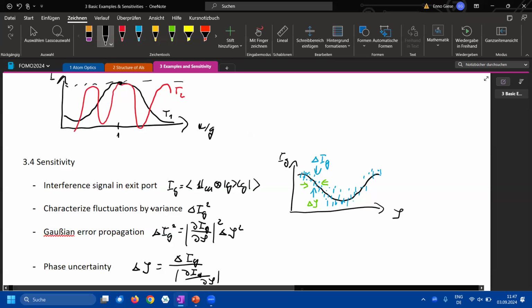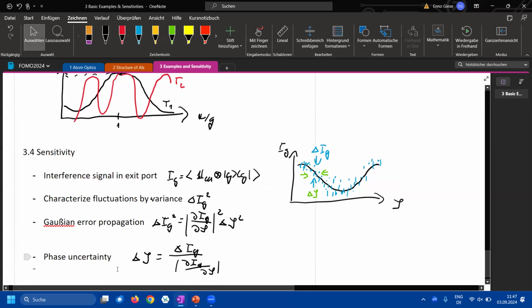So effectively, what you're doing is you're looking at the expectation value and the fluctuations of your signal at that point, and then you take the slope of your signal at that particular point and divide by that. And that's the sensitivity for delta phi. And this is just Gaussian error propagation.